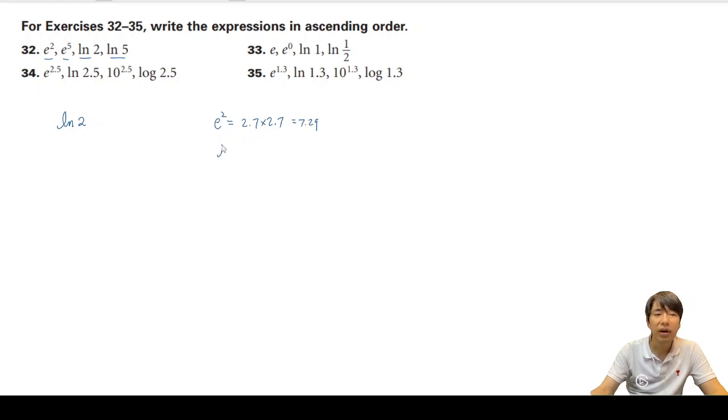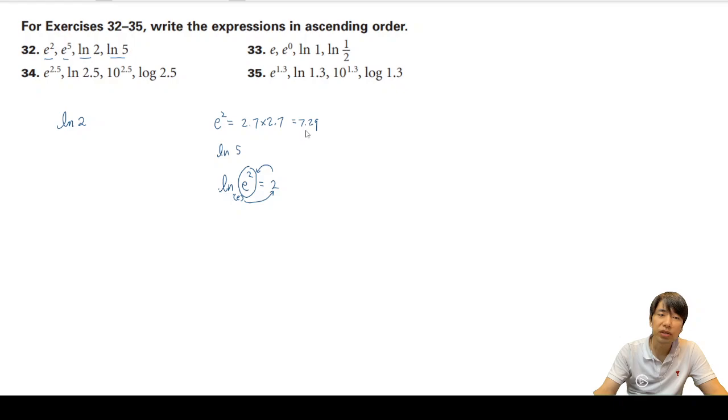But ln 5 is not quite this much, because if you have ln, let's say, e squared here, that evaluates to 2, because this base is e. Let's say the e is hidden here. So if you raise this to the power of 2, you get this number.